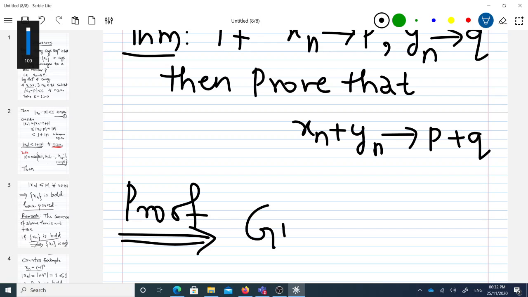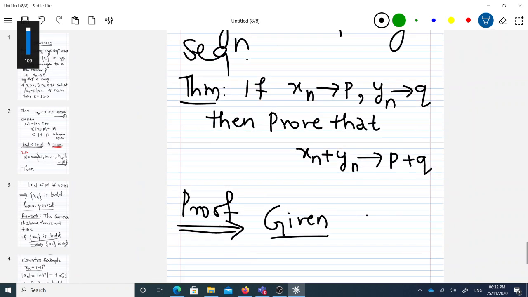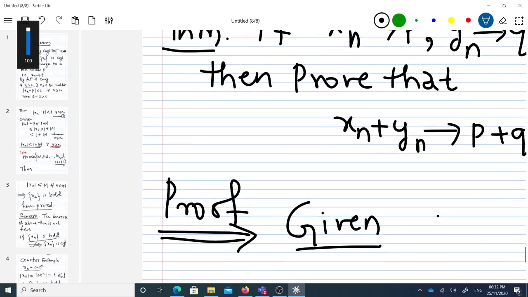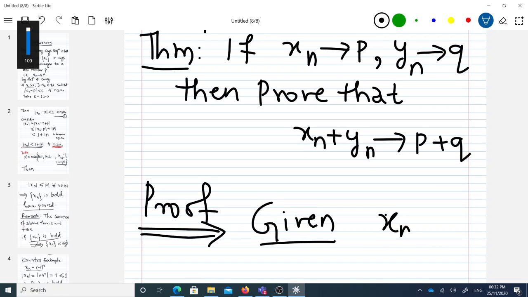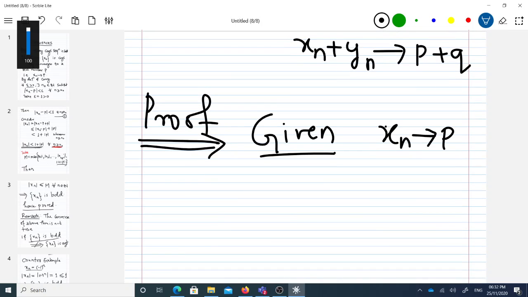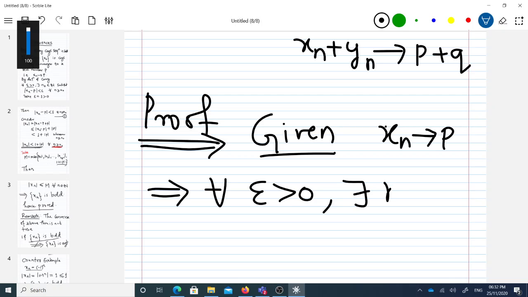It is given that xn converges to p. So we can apply the epsilon definition. So this would imply for every epsilon greater than 0, there exists n naught belongs to natural number.